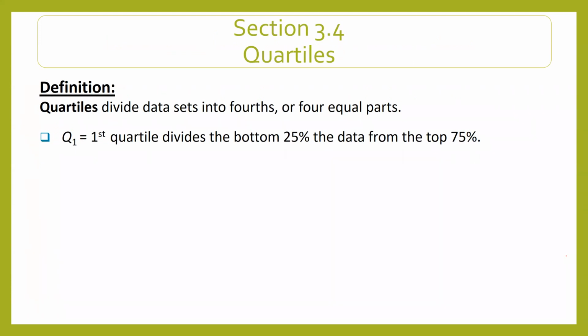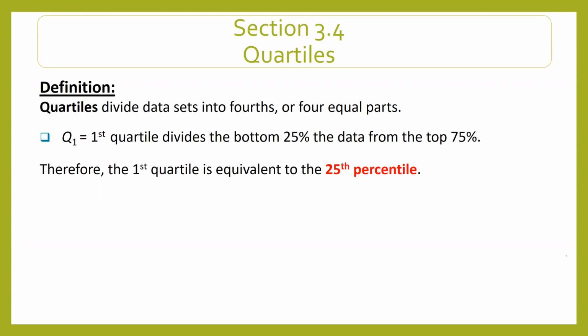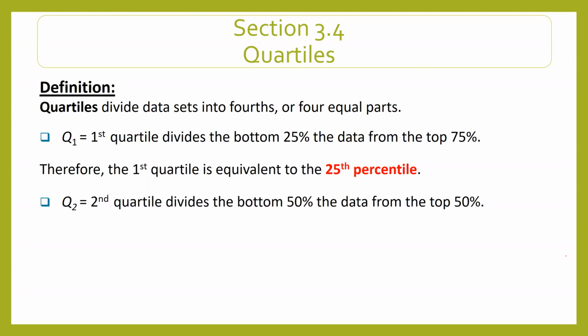Let's go to quartiles. Quartiles divide a data set into four equal parts. So we have Q1, which divides the bottom 25% from the top 75%. This is equivalent to the 25th percentile.